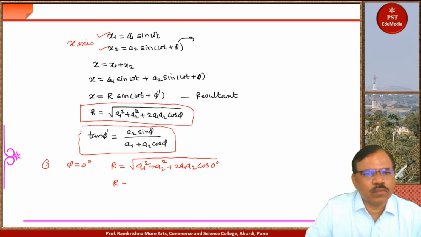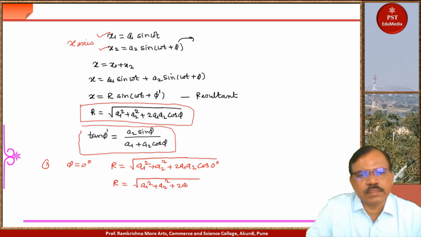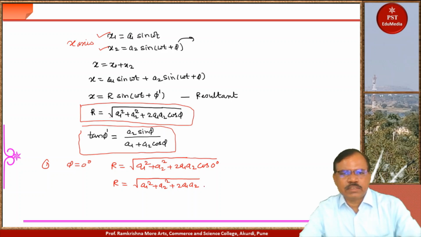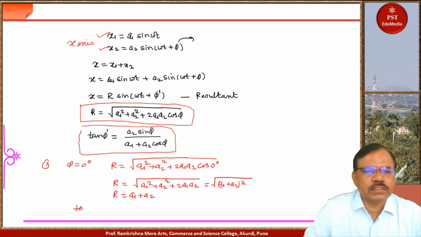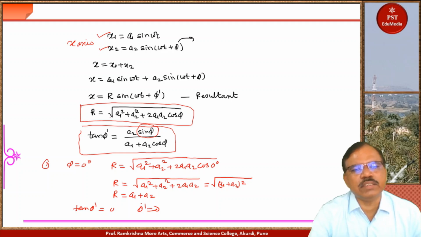So we will get R is equal to root of A1 square plus A2 square plus 2 times A1 A2. And what is this? I can write this as square root of A1 plus A2 bracket square. So we will get resultant amplitude is A1 plus A2. And tan phi dash, now phi is 0, so sin phi is 0, so this is 0, so we get phi dash is equal to 0.